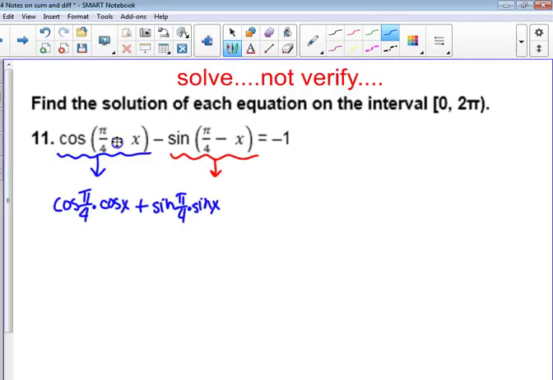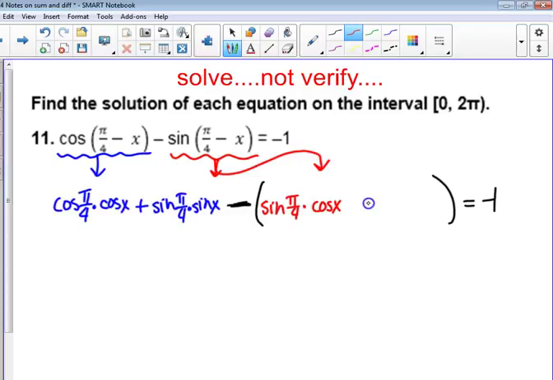That all came from this one. Then there's a big minus in the middle, and I'll deal with that in a minute. But if I expand this red one, sine A minus B is sine times cosine minus cosine times sine, right?